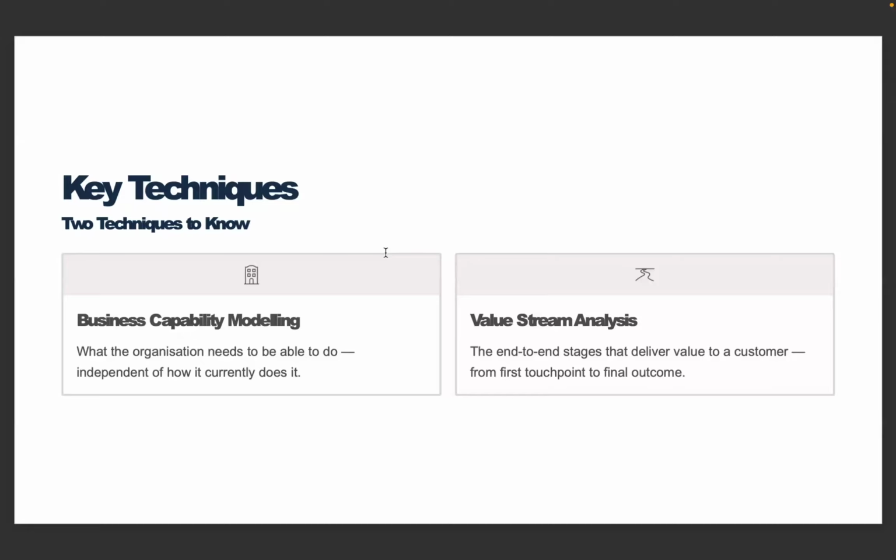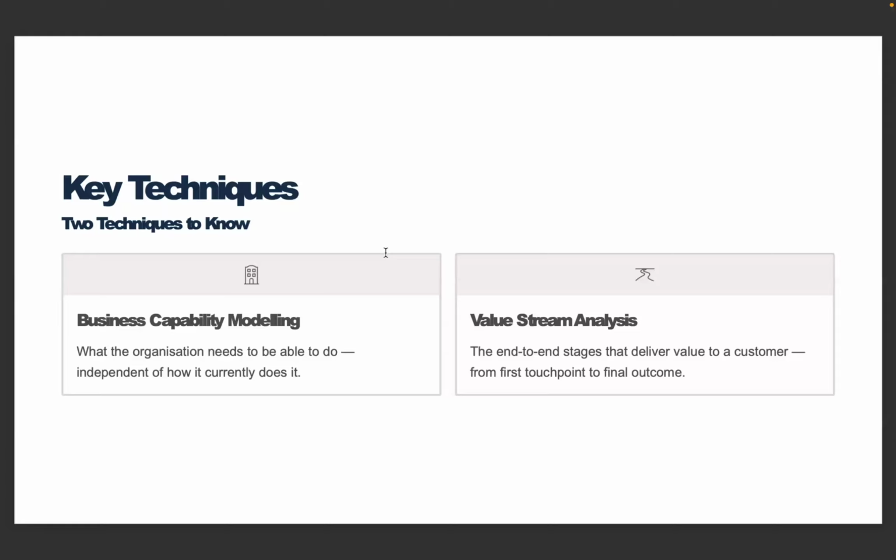It describes something an organization must be able to do in order to achieve what they are planning to achieve. It could be capabilities like managing their customers properly, or managing risks properly in the organization.